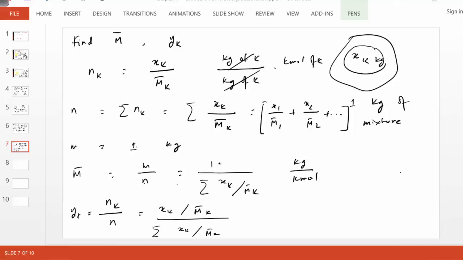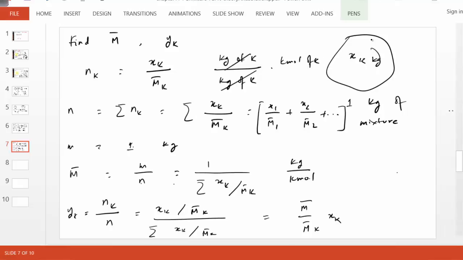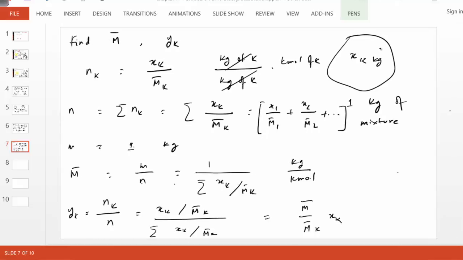And notice that 1 over this is the molar mass. Therefore, we can write it as the molar mass of the mixture. So we have a simplified looking formula. So if I know xk for each component, we can figure out, for a mixture where xk is given, how to find yk.